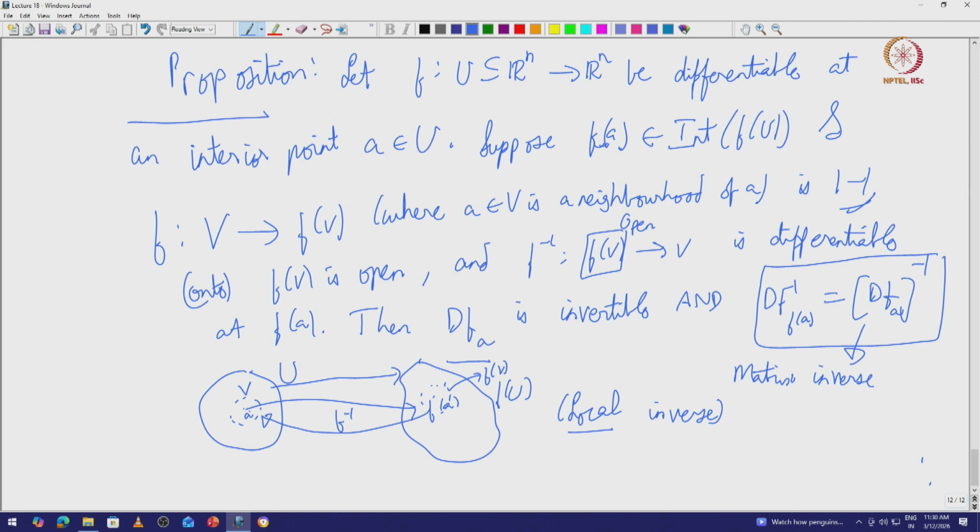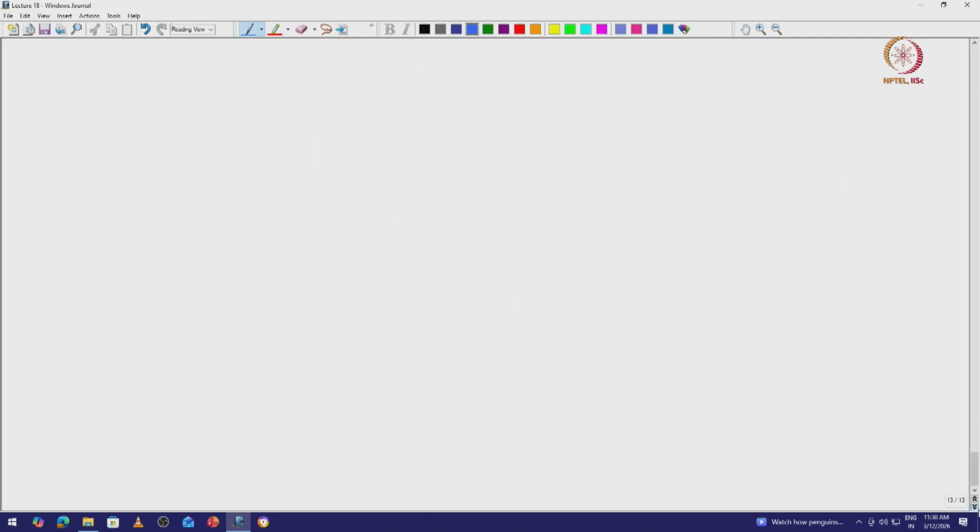Okay, so the statement of this theorem requires more work than its proof. The proof is very straightforward. f of f inverse of x is x.